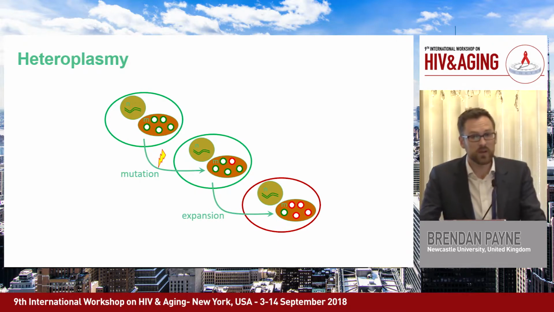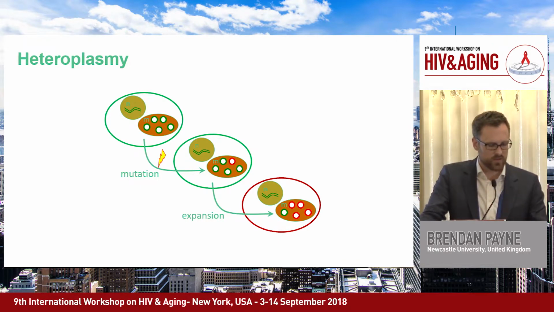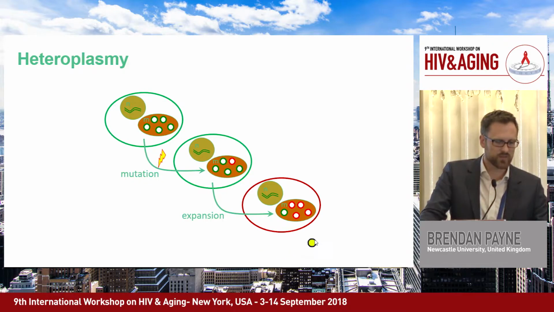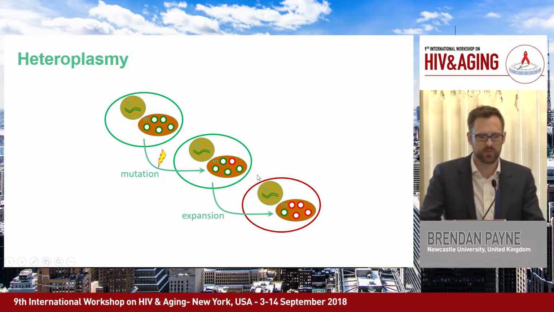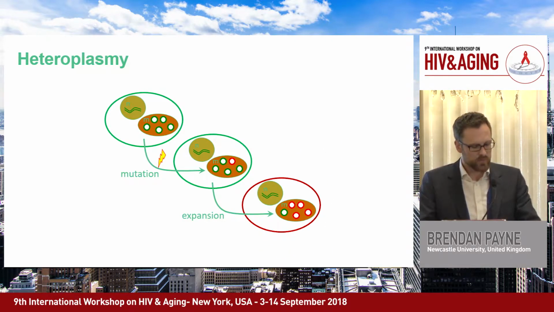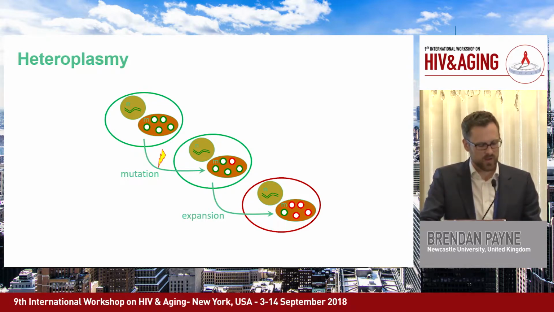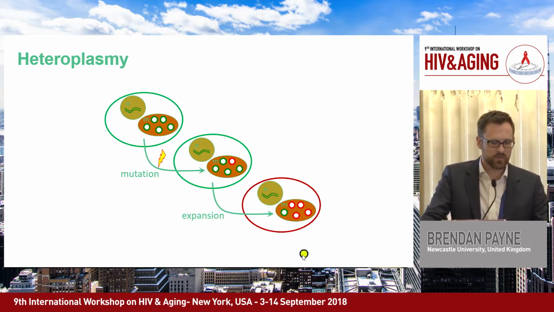And then over time, this mutant mitochondrial DNA can come to predominate in a cell as shown down the bottom here, and then this is when the cell becomes sick. And we call this process of going from a low level of mutation to a high level of mutation within a cell clonal expansion. And that's something, again, I'm going to come back to later on.